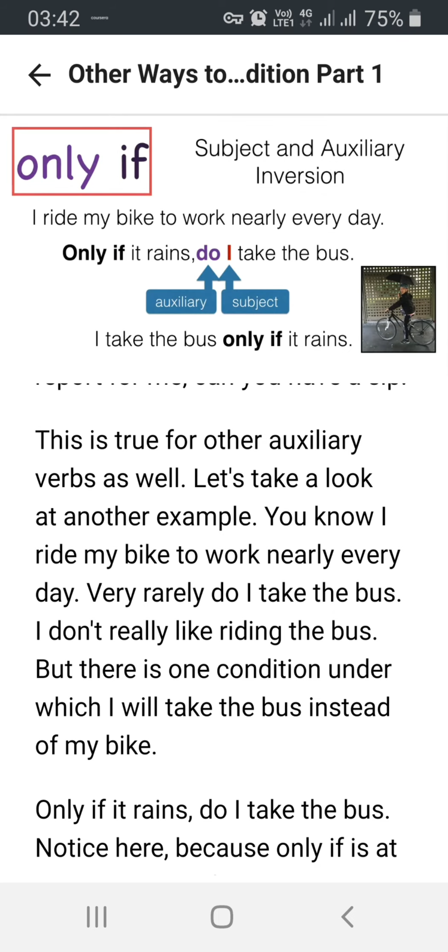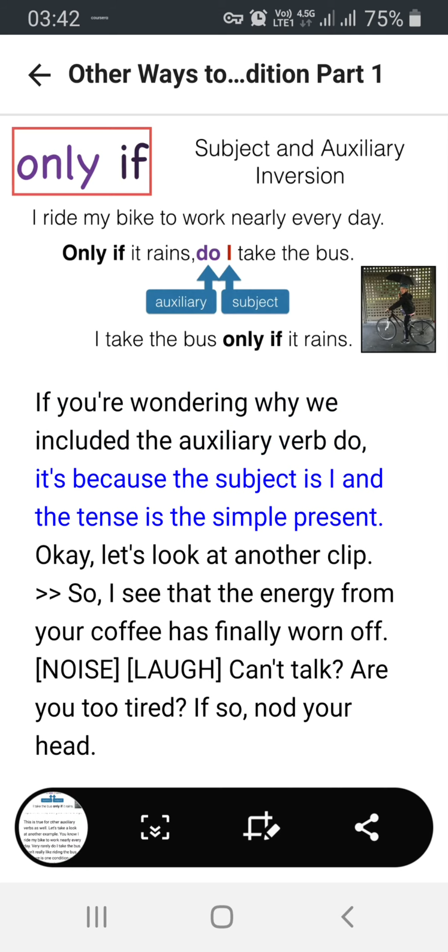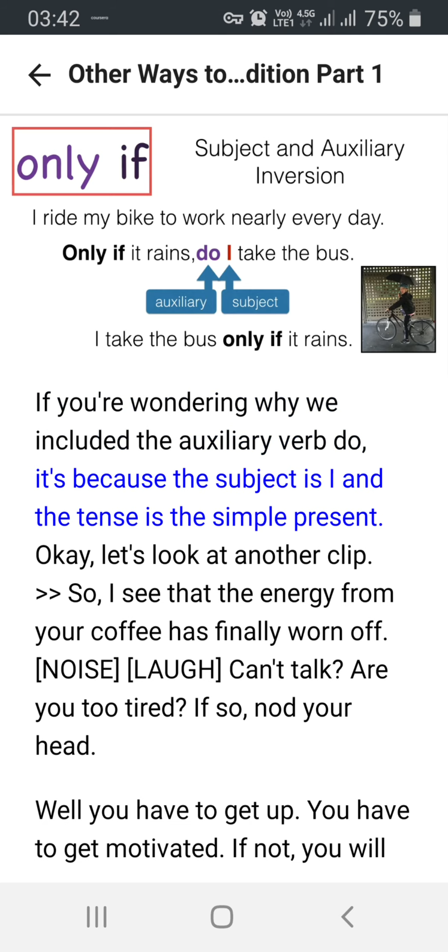This is not true when only if is in the middle of the sentence. If you're wondering why we included the auxiliary verb do, it's because the subject is I and the tense is the simple present.